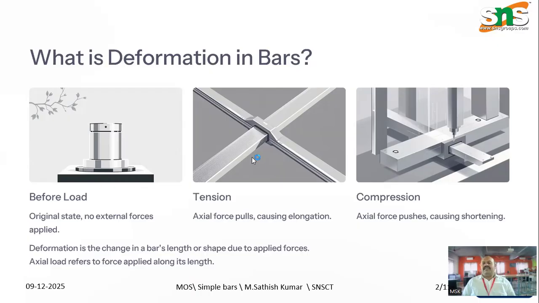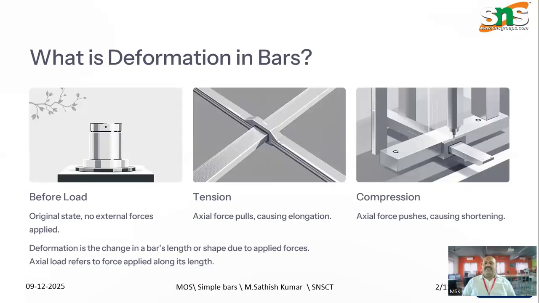And whenever there is a tension or compression, it may be a pulling force or a compressive force. This axial force pull causes elongation, that is a change in length, an increase in length. And an axial force push causes shortening, that is a reduction in length.